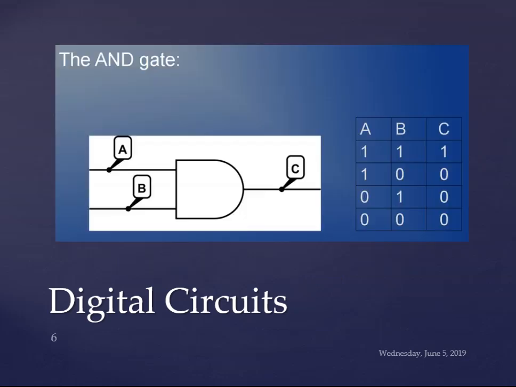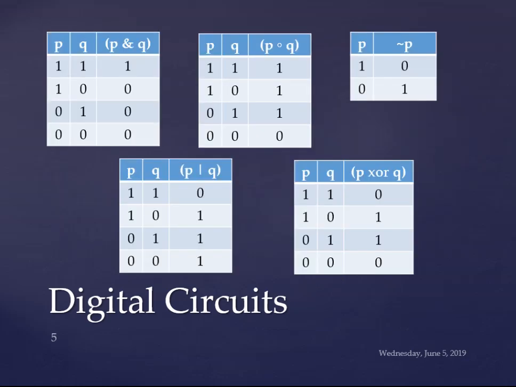Next thing to say is that you have different gates. Each of the connectives here, like the ampersand, the inclusive OR, the NOT, the Sheffer stroke, and the XOR, corresponds with a gate, and they're pictures.